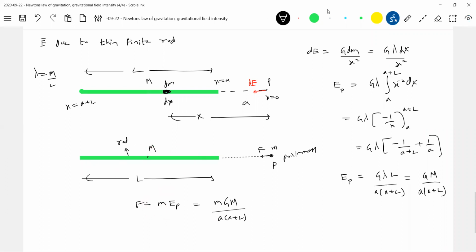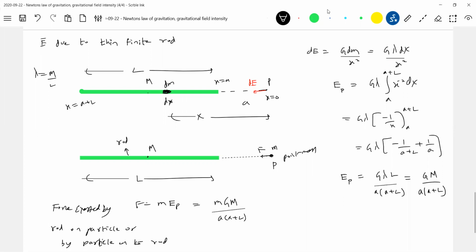So what should we call this F? Force exerted by rod on particle, or by particle on the rod.